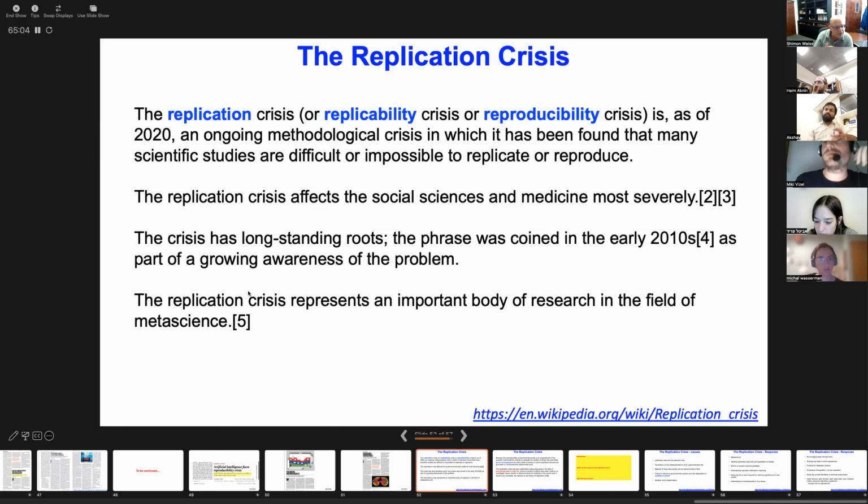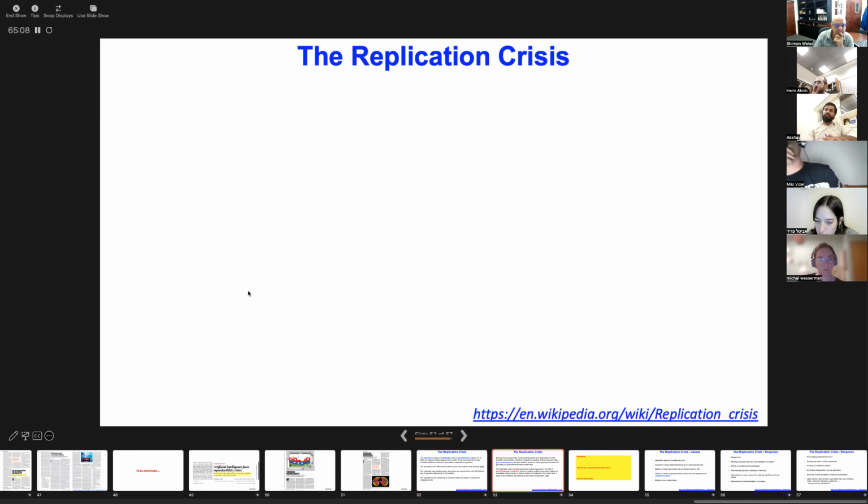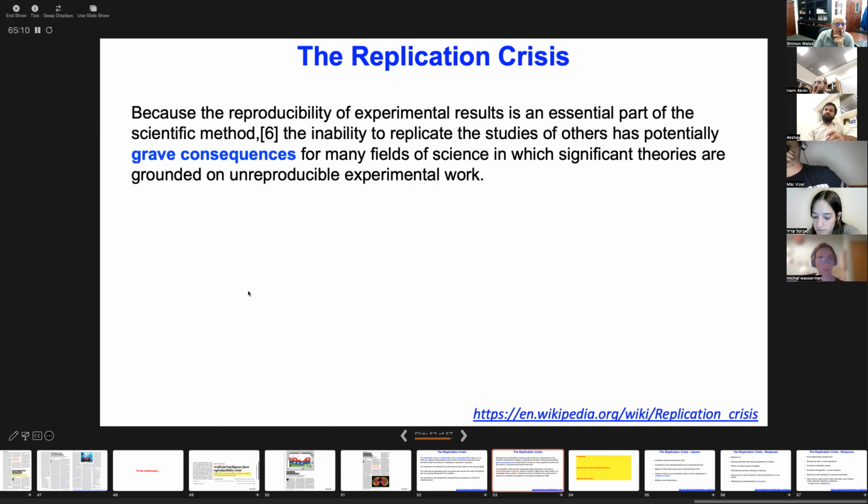You use the scientific method to study the way we do science. Because reproducibility of experimental results is an essential part of the scientific method, the inability to replicate the studies of others has potentially grave consequences for many fields of science in which significant theories are grounded on reproducible experimental work.